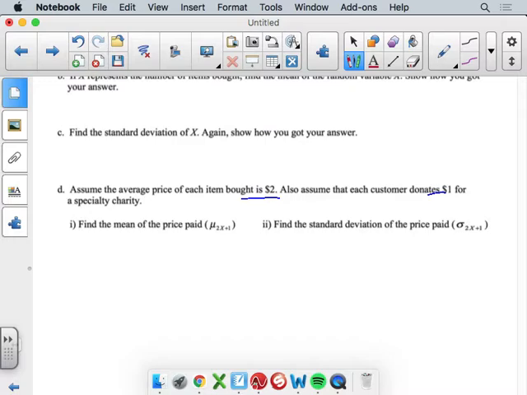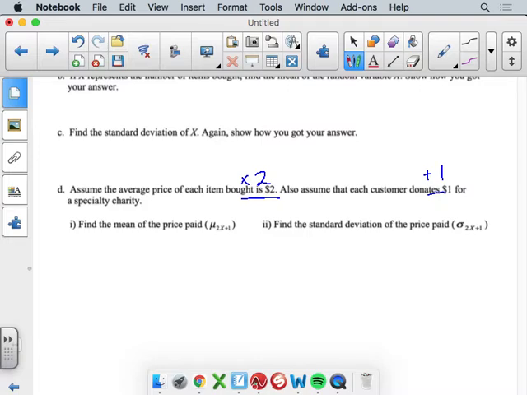So for each item it's $2, so we're multiplying by 2, and then we're adding $1 in total. So every time a person comes in, for each item they bought, we multiply by $2 and add 1. So what's the mean and what's the standard deviation now?